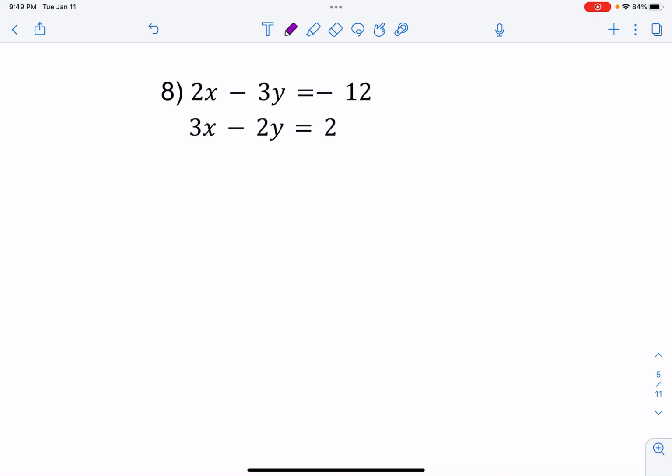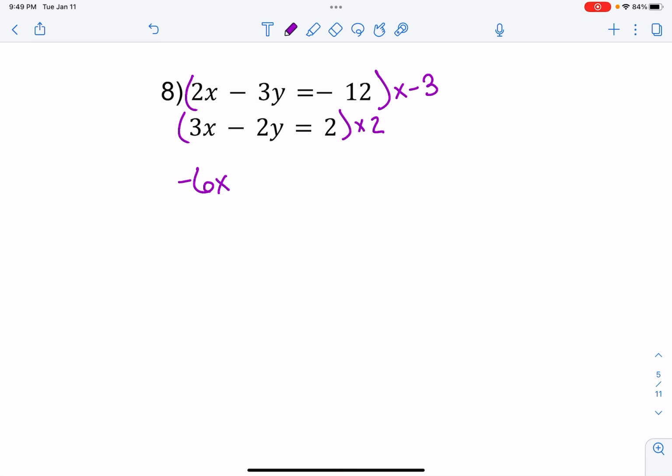Okay, so if I want to get rid of x, we know that one of these equations has to have a negative 6x. So I'm just going to go ahead and get that knocked out on this first equation. So I'm going to multiply everything by negative 3. So then that means on my second equation, I will multiply everything by positive 2. So then 2x times negative 3, negative 6x.